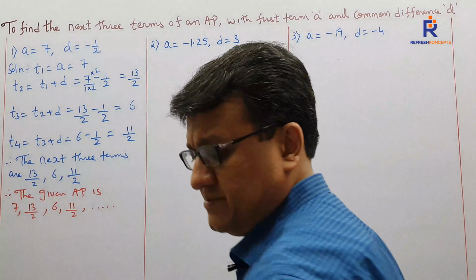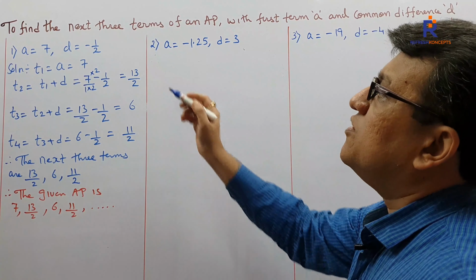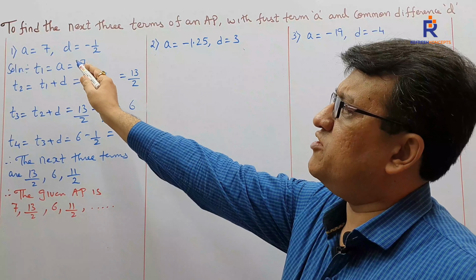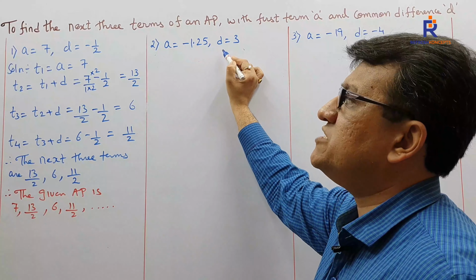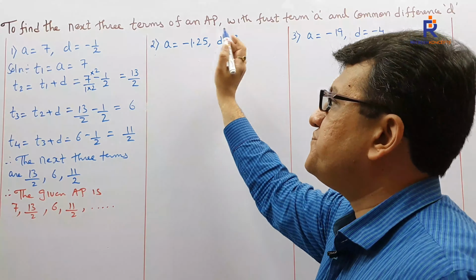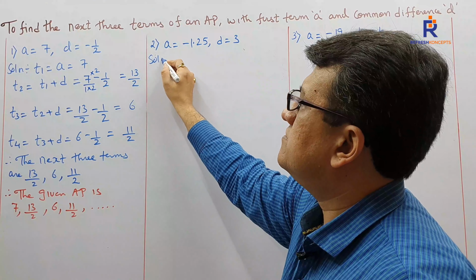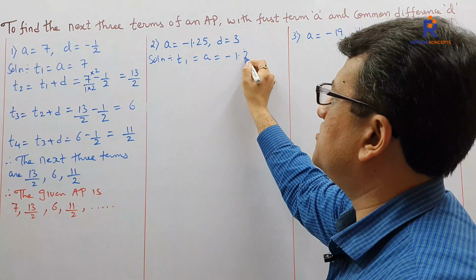How about the next one? What was in the first question? A was positive, D was negative. Here, A is negative, D is positive, but still our pattern of solving the sum remains the same. So, solution, T1, which is A, is minus 1.25.